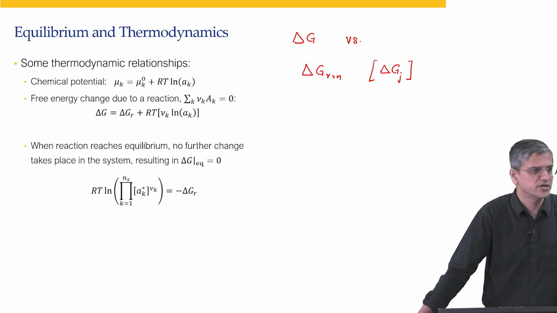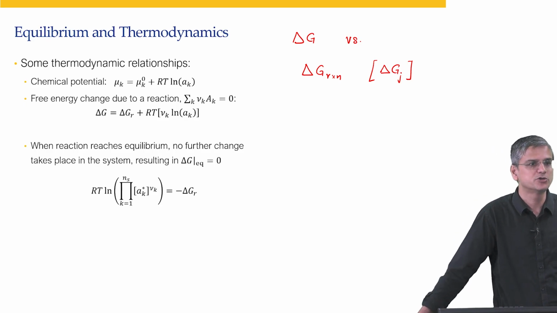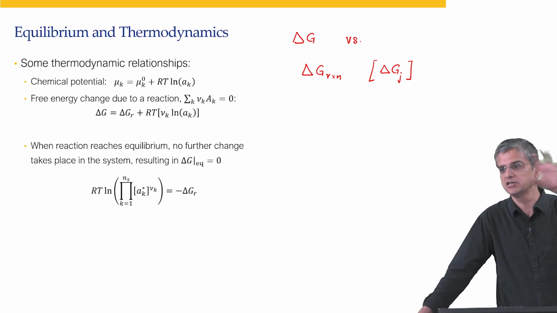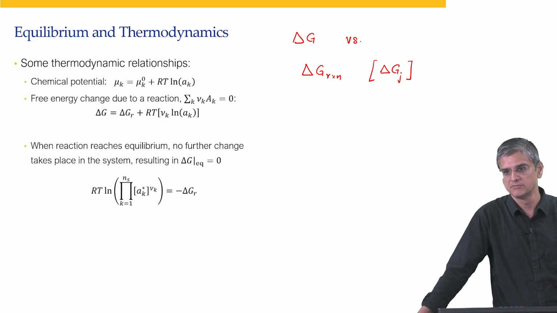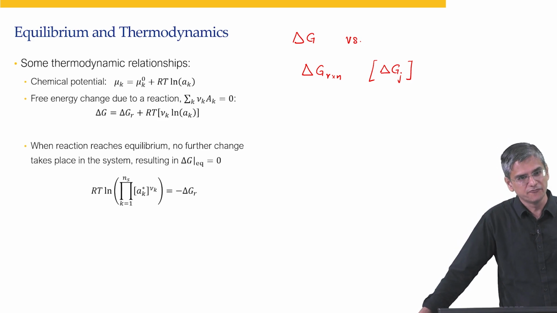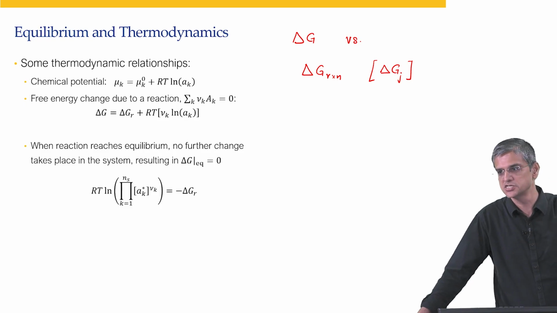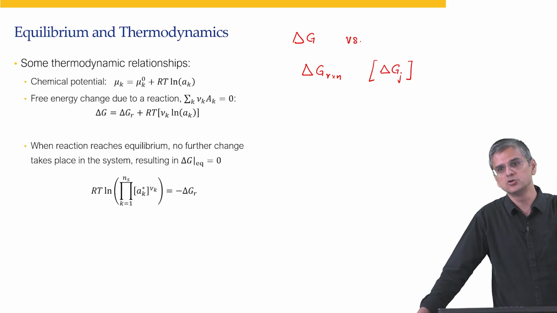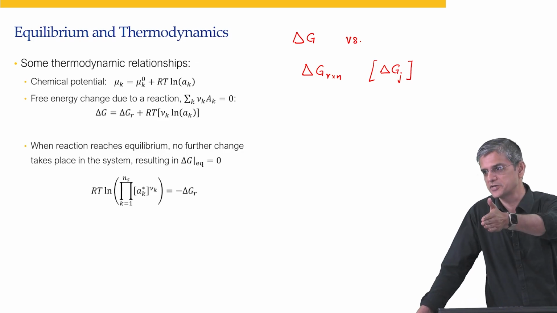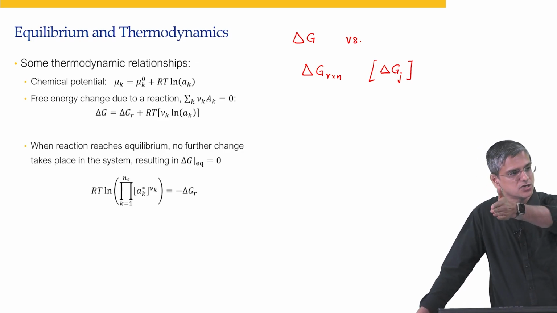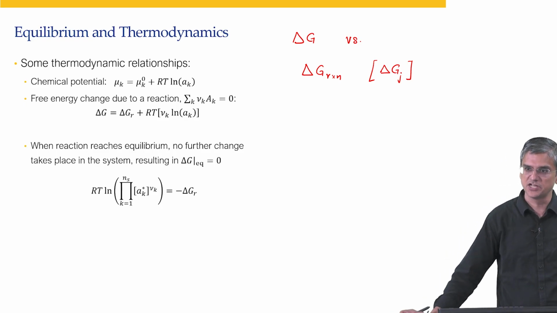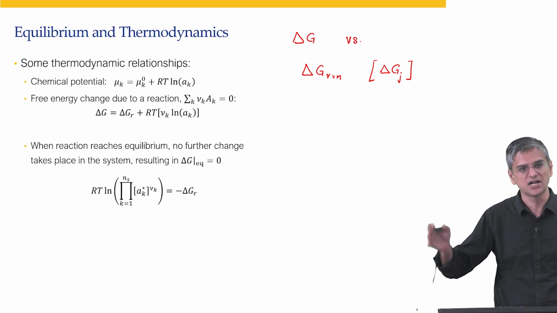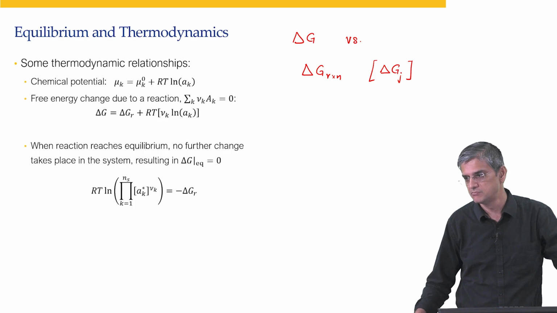If you want to talk about delta G, someone also needs to specify where you are starting and where you are ending. His answer basically meant that you are starting with a particular species at some temperature and some pressure, you go to another temperature and another pressure, because of which your G changes, your free energy changes. The difference between the free energy of that species before and after is delta G.